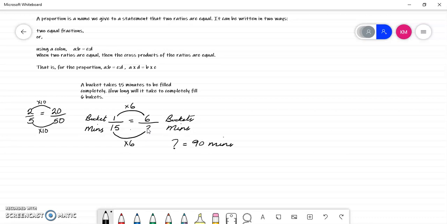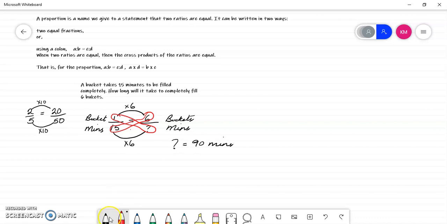Now, most of the time, they work this as cross multiplication. So what they do, let me change my thing here, they take this 6 and this 15, and this 1 and this value here, and they do cross multiplication.